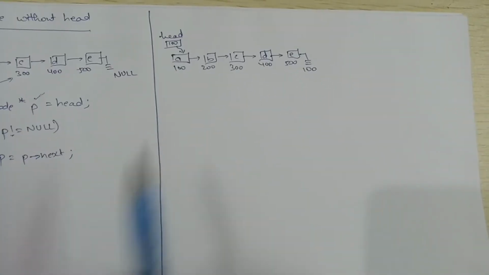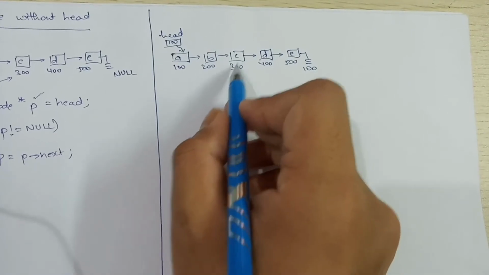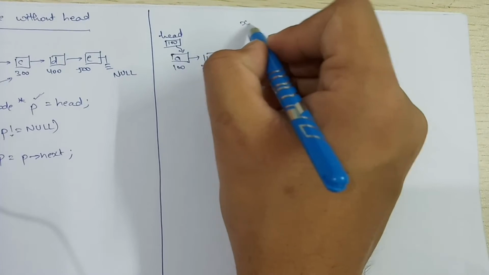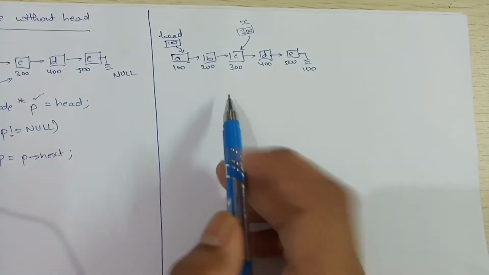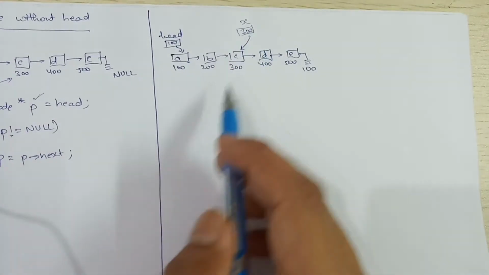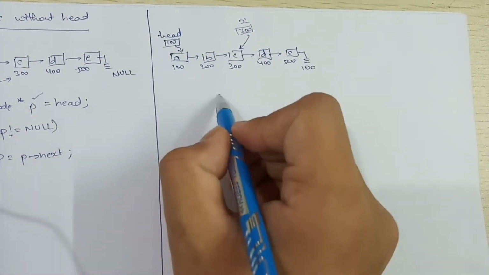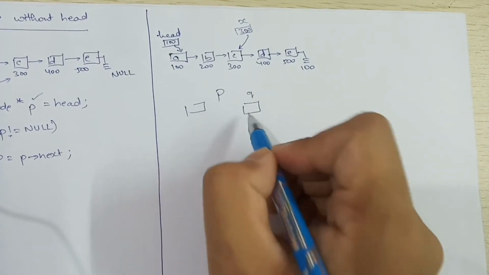So suppose the address of c is given to you and you have to delete this node. Suppose pointer x with address 300, which is pointing to the c node, is given to you and you have to delete it. Then by using the head pointer, it is very easy. You can define two pointer variables p and q.